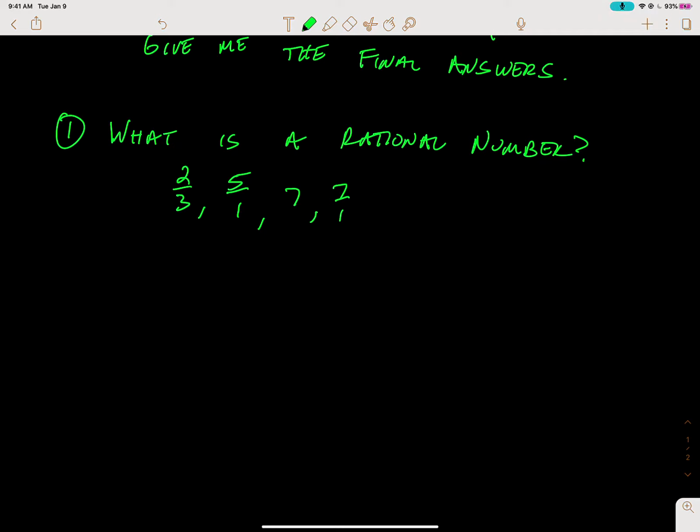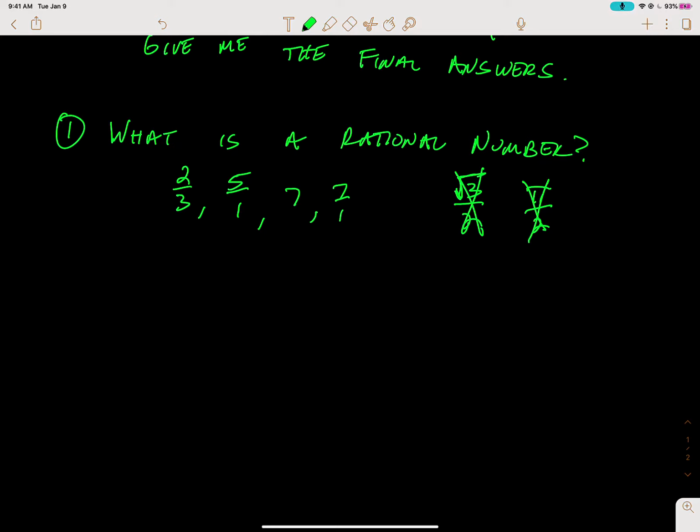Let me give you some examples of things that are not rational. Like square root of 3 over 2, yes, I can express that number as a fraction, but square root of 3 is not an integer. Therefore, that is not a rational number. All right, pi over 2. That is not a rational number. Yes, it's expressed as a fraction, but those are not integers. Pi is not an integer.